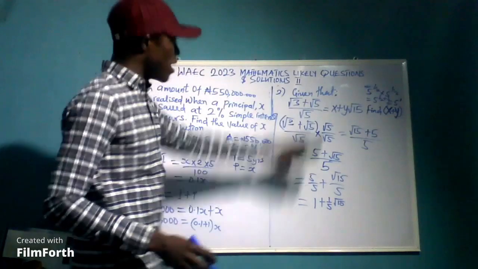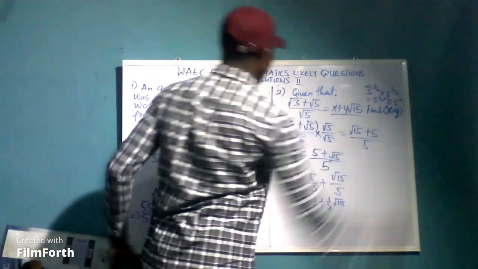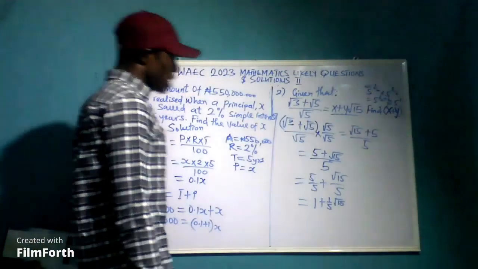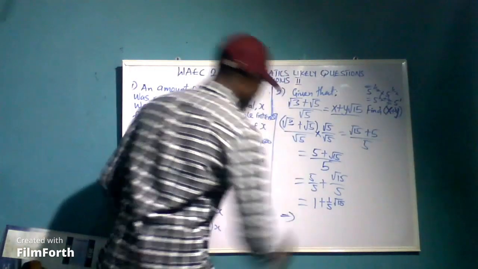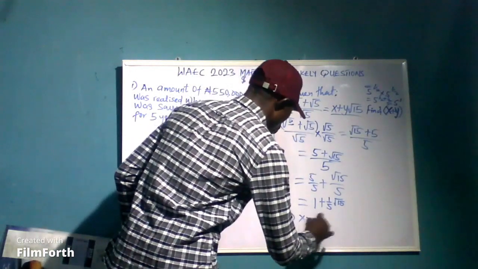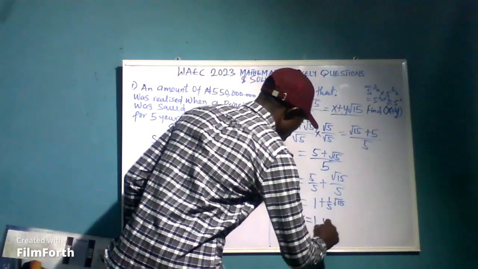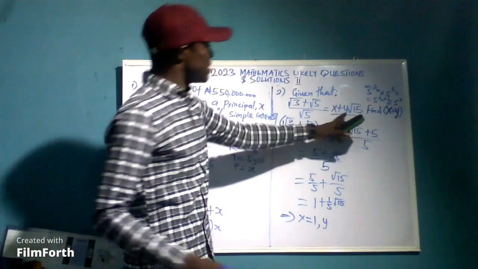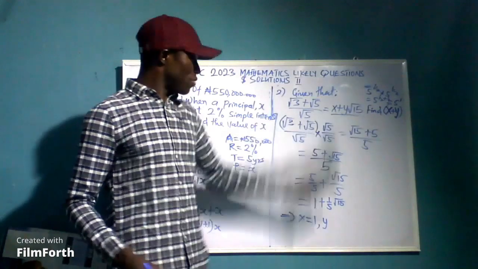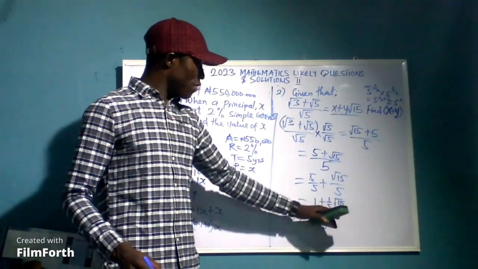Now, comparing it with this part of the equation, this implies that x is equal to 1 and y is equal to 1 all over 5, since y is the number in front of root 15, just as we have 1 all over 5 in front of root 15 here.